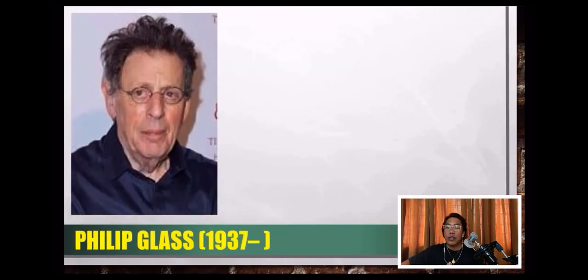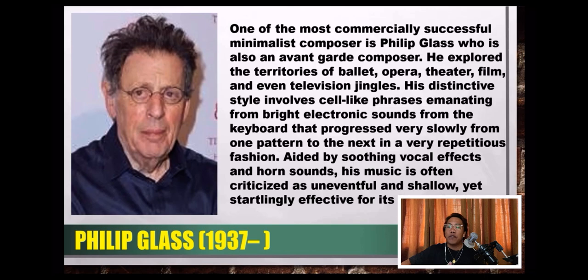Next composer is Philip Glass, who was born in 1937. He is one of the most commercially successful minimalist composers, who is also an avant-garde composer. He explored the territories of ballet, opera, theater, film, and even television jingles.